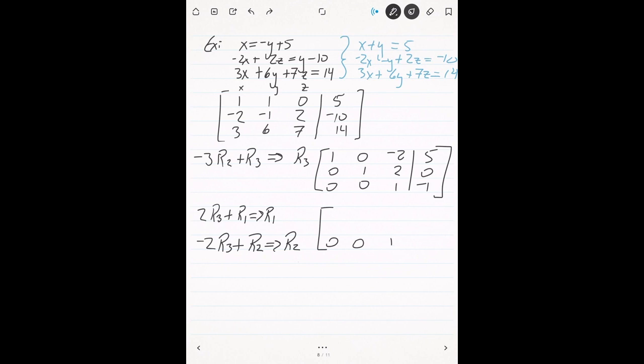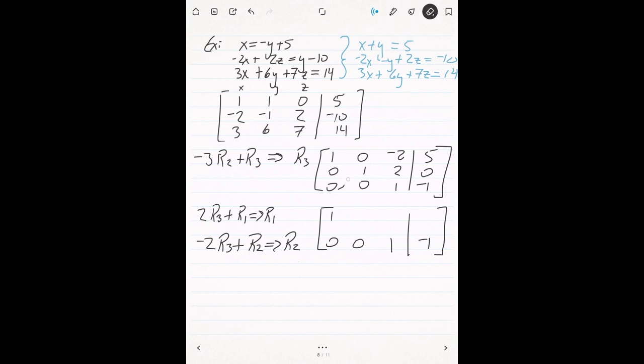So we still have 0, 0, 1, and negative 1. But now we need to think, what's the rest going to be? Let's start with the first one. We took 2 times row 3 and added it to row 1. 2 times 0 is 0, plus 1 is still just a 1.